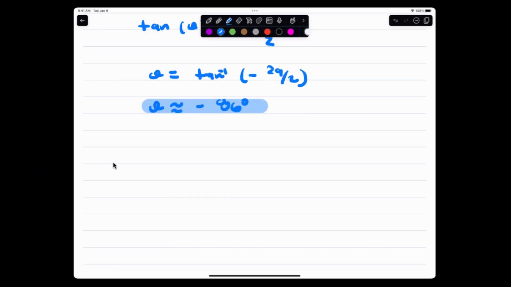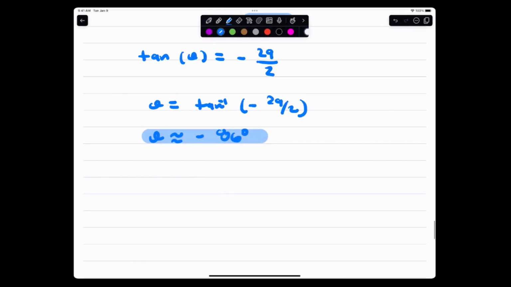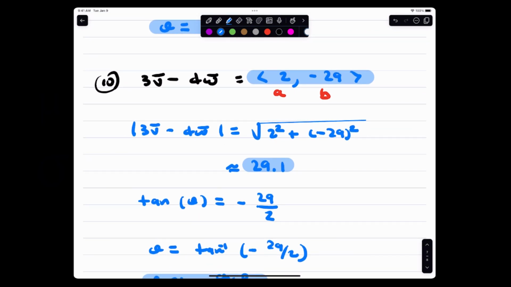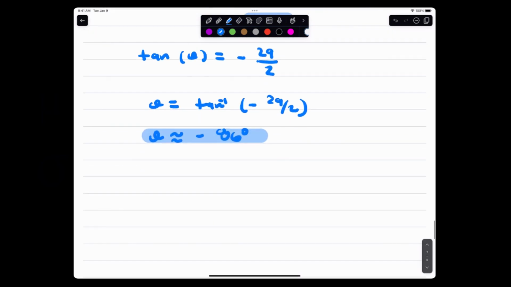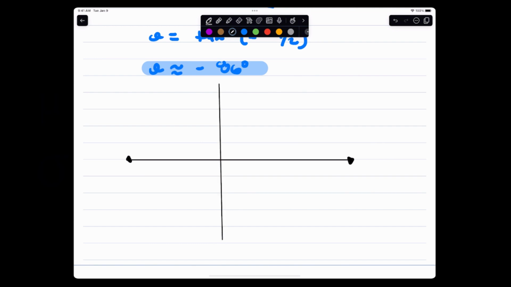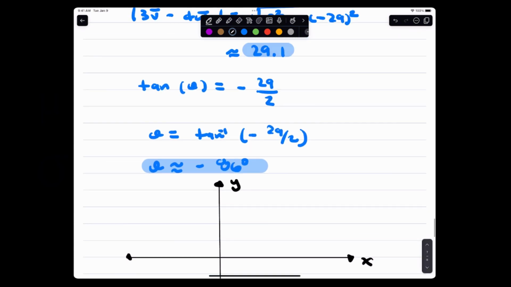Okay. However, let's see if this makes sense, because we have to graph this vector 2, negative 29. So I'm just going to sketch it. I don't have to get a fancy graph, because I just really have to see what quadrant this lives in. So plot the point now. You say, what do I plot?